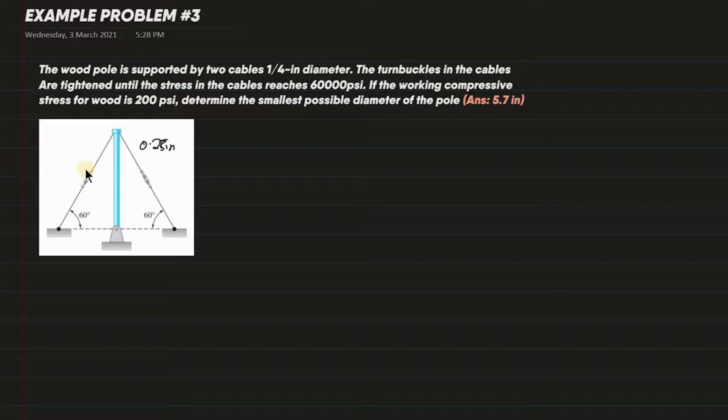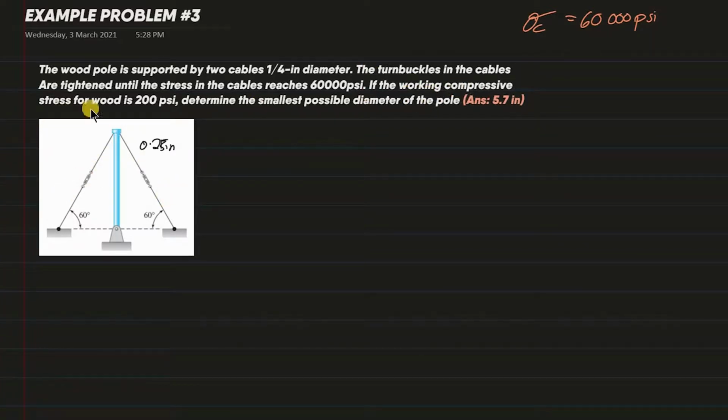Kapag nahila yung kableng yan, meron tayong stress, no? At ang stress daw, nung hinila niya yung kableng yan, is 60,000 PSI. So, let's denote that as the stress in the cable C is equal sa 60,000 PSI. Okay? So in each, 60,000 dito, 60,000 doon.